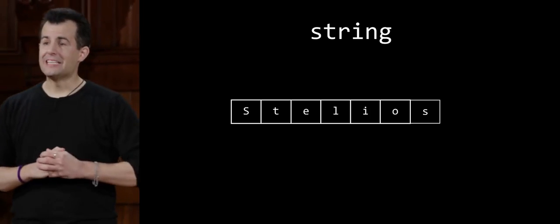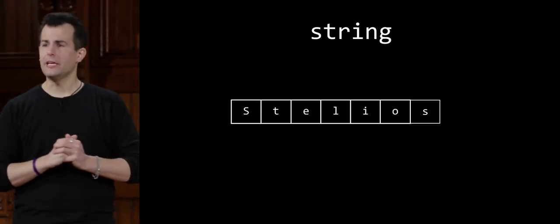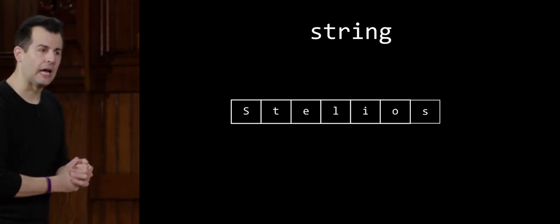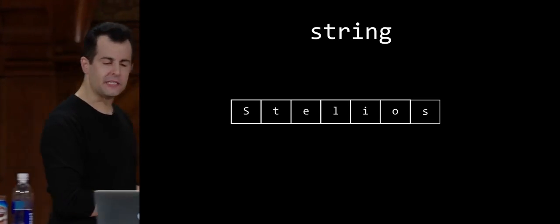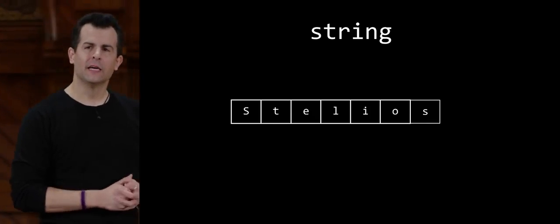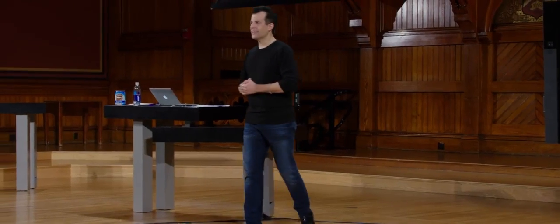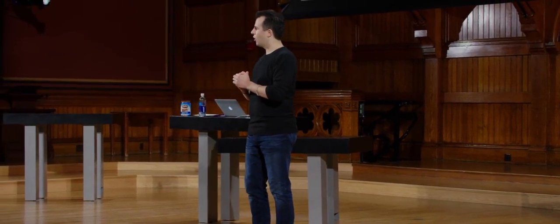But let's tease apart what actually a string is. Let me go ahead and start with Stelios here. So Stelios, one of our head TAs in New Haven, has this name here. And I've written it as a string, Stelios, but I've drawn boxes deliberately around his name to capture the fact that this thing we call a string, like Stelios, is actually not really a string only.